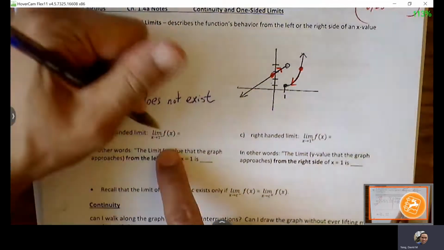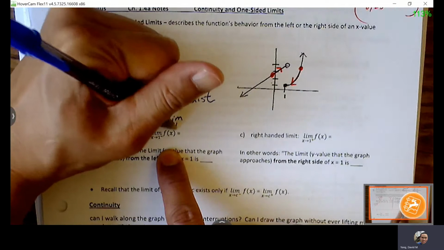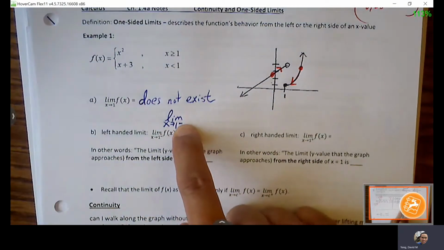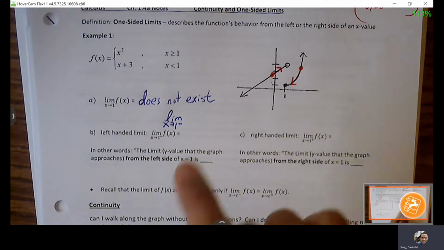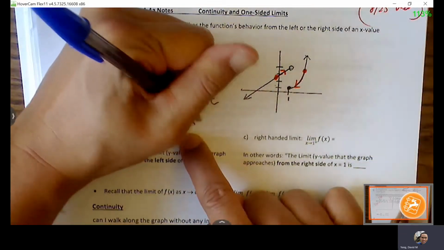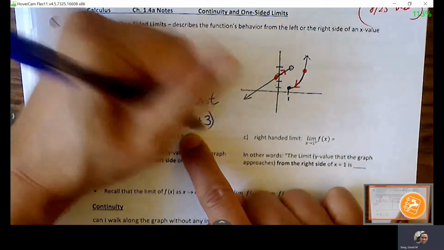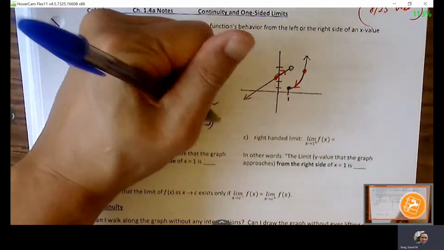So in other words, I would write it this way. I would say the limit as x approaches 1 from the left side of 1. That negative notation is just to indicate that we're moving from the left side of 1 towards 1. And then you would plug it in for x plus 3. So 1 in for x, 1 plus 3 is 4.